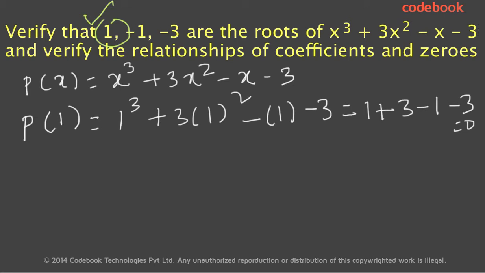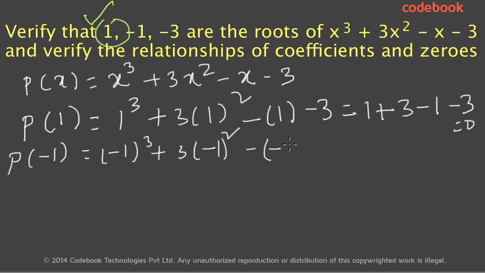Now let's verify the second one, which is minus 1. So p of minus 1, which is equal to minus 1 whole cube plus 3 times minus 1 whole square minus of minus 1 minus 3. So this is equal to minus 1 whole cube is minus 1 plus 3 of minus 1 whole square.